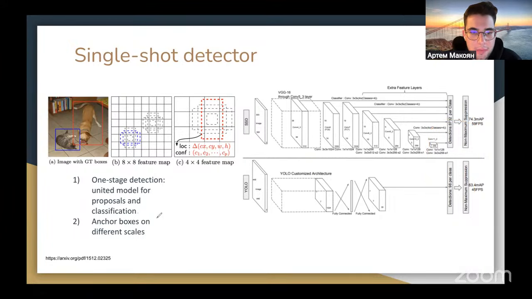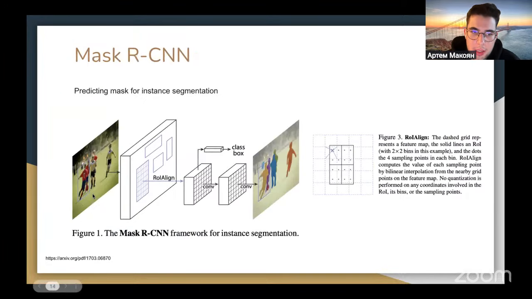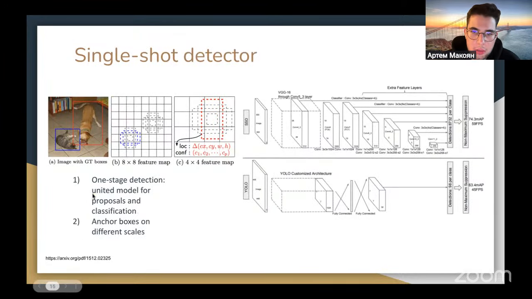After all, approaches before had to first generate proposals, and after classify them. A new paper's idea is to make these 2 steps in 1 step. One model will both propose and classify, uniting the models for proposals and classification. In fact, the idea is the same. The architecture you can see on the right, but it's very similar.